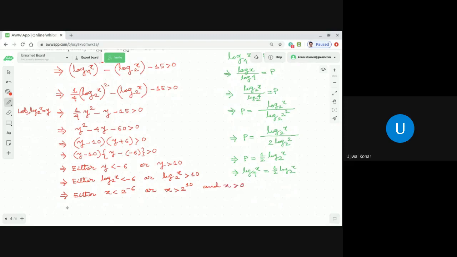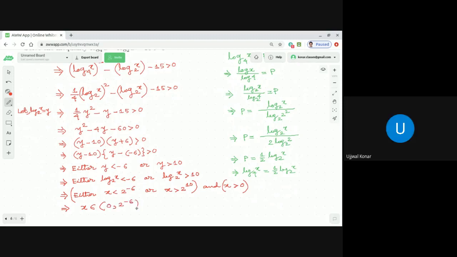So if we combine all these things, either x is less than 2 to the power minus 6 or x is greater than 2 to the power 10, and x greater than 0. What are we going to get? It becomes x belongs to 0 to 2 to the power minus 6.